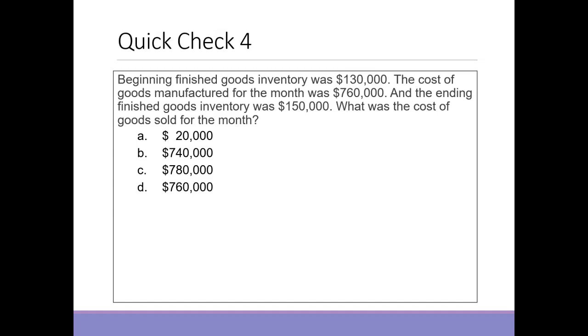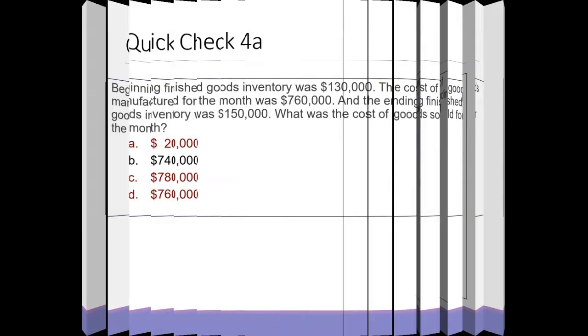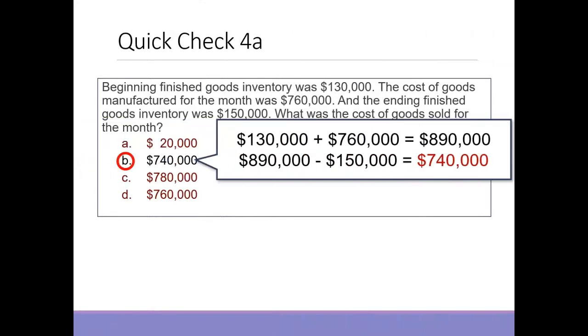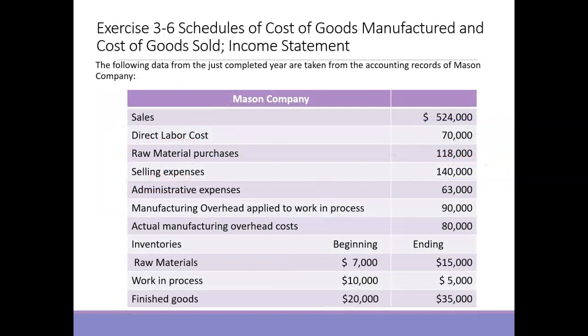What? B? Awesome. Beginning finished goods inventory was 130. Cost of goods manufactured was 760. And the ending finished goods was 150. So the difference is what's going to be sold.